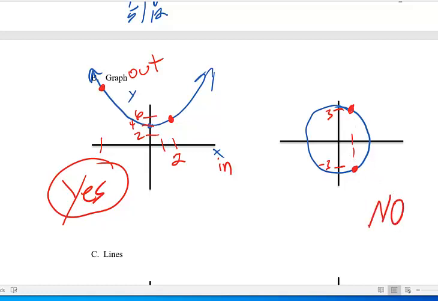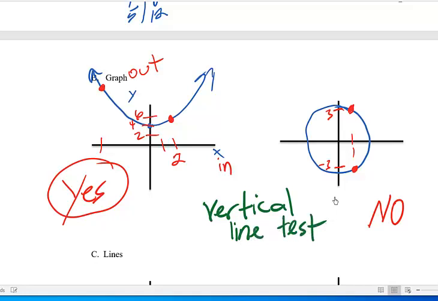If you've done this before, you remember that there is a test, a very visual test that you can use to determine whether or not a graph is a function. The test is called the vertical line test. And it goes like this.